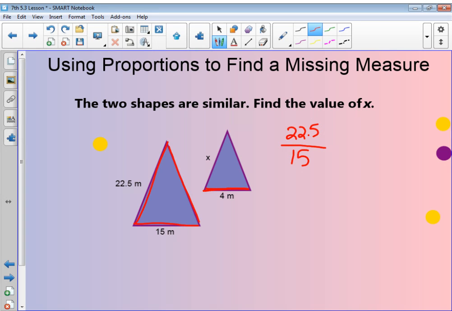So my 4 is the same as the 15. So I want to make sure I have those on the same level. So I have the 15 on the bottom, and I'm going to put the 4 on the bottom. I'm going to now cross multiply, divide. So 4 times 22.5 gives me 90. Now I'm going to divide by 15, which gives me 6. So I just found out that this side is 6 meters.